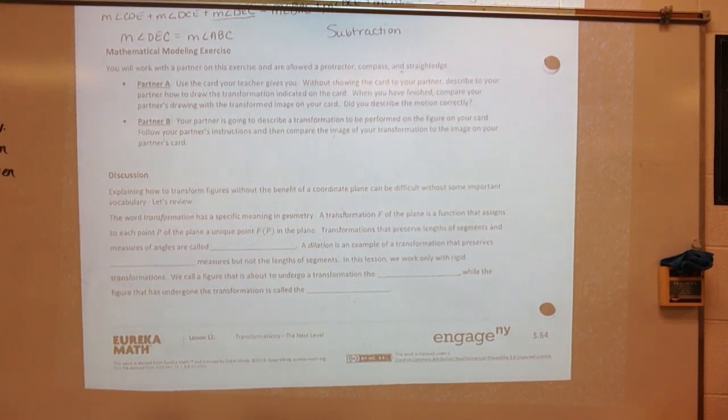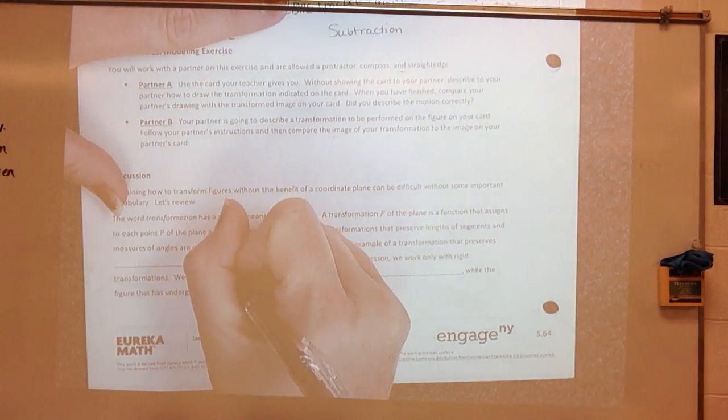A transformation, f, of the plane is a function that assigns to each point P on the plane a unique point f of P in the plane. Transformations that preserve lengths of segments and measures of angles are called blank. These are called basic rigid motions.